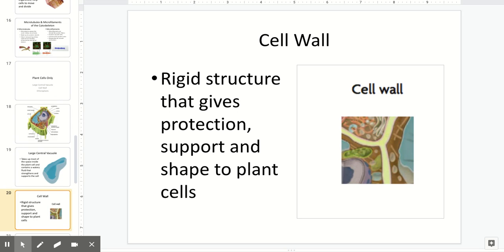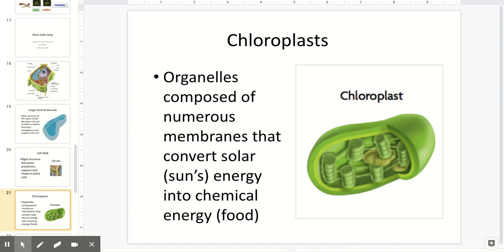The cell wall gives the plant itself extra protection, extra support, and shape. And this is where the cellulose is located. Chloroplasts, these very special organelles, take energy from the sun and convert it into food for the plant.